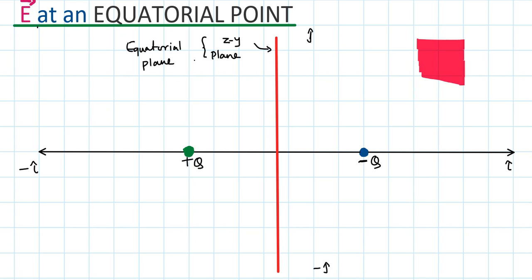If you are viewing that plane from the positive charge side, your positive charge might be here. Let me just extend the plane size so that it appears as if the positive charge is in front of the plane, and this will be the axis.